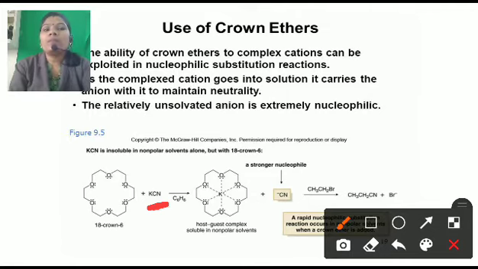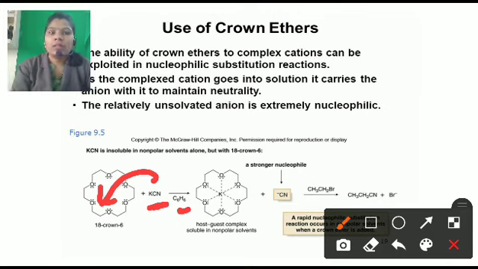Then the potassium enters the cavity of this crown, and there is a formation of this structure. Here there is a formation of a stronger nucleophile, by the removal of the alkali metal from the KCN.